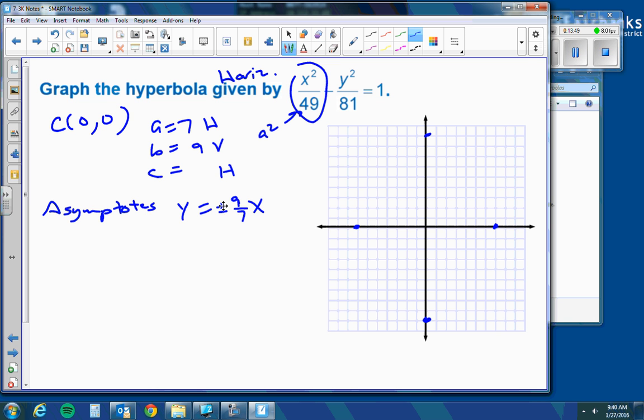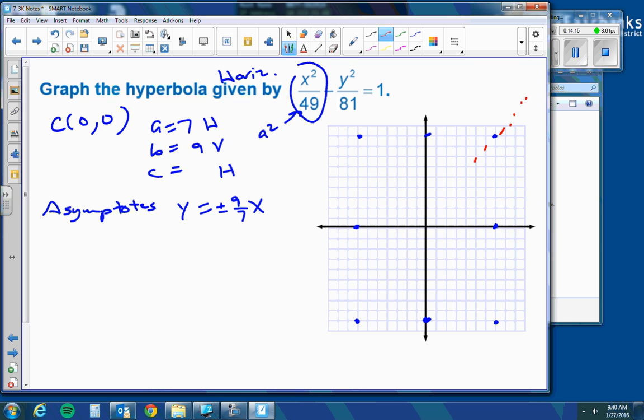And actually, put a plus and minus, because you already have two asymptotes. One goes up, one goes down. If you go up 9 and over 7, you get a point on your asymptote. Go down 9, right 7, you get a point on the other asymptote. And just go every direction. And just draw your asymptotes through those points.